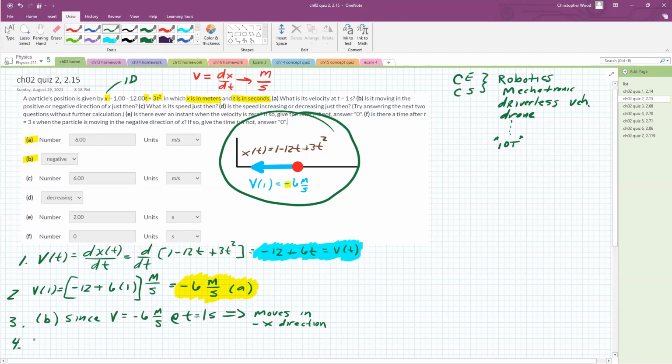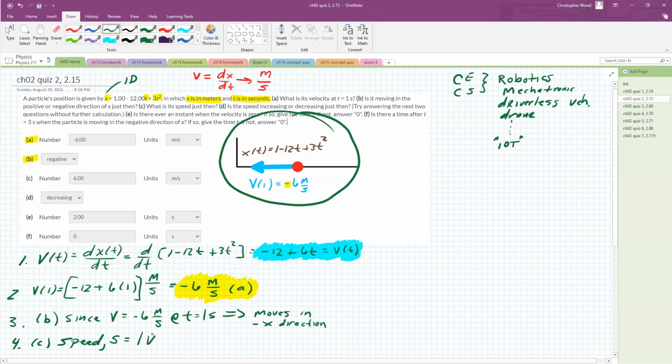Number 4, for part C, saying, what's the speed? And here's again some kinematics trivia. Speed. We've all used those terms. What's the difference between speed and velocity? Velocity is a vector. It has a direction and a magnitude. So let's just call it little s for speed.